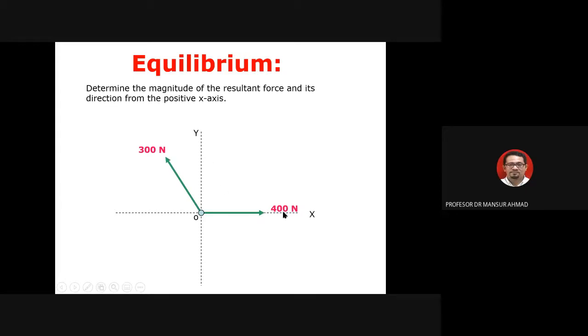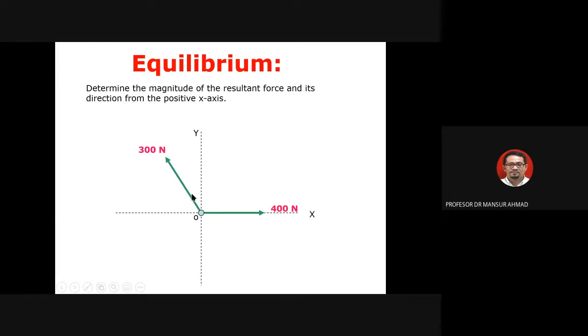Okay, so this 400 Newton here is applied on the axis. So I consider this on the axis X. So it is not at an angle. Bukan pada satu sudut. And then 300 Newton, if you look at this, is applied at an angle.